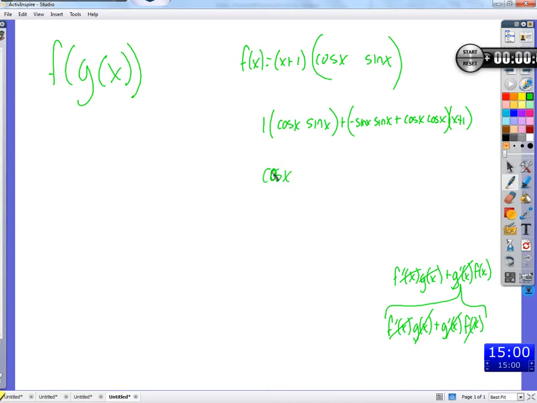Cosine, sine, sine, is plus negative, well, let's say this, cosine squared minus sine squared times x plus 1. Let's distribute these together. Cosine squared minus sine squared, that's not what we did. Cosine squared plus sine squared.